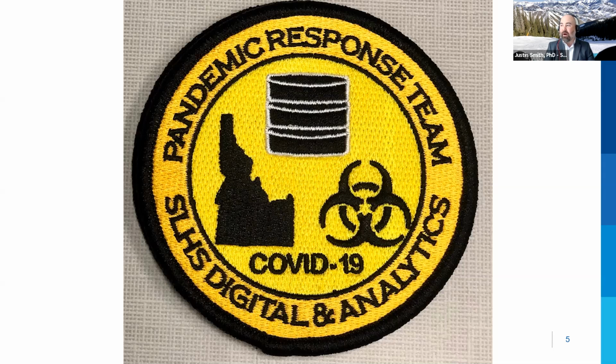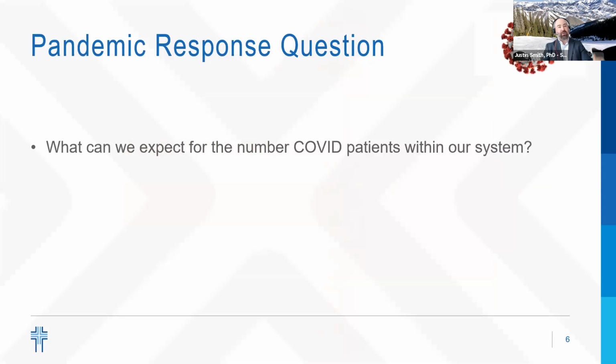And it was really powerful. We gave them out to everybody that was on the team. And then we had a few back that we kept. And so when we would meet with individuals from the state of Idaho or from other systems, however we were able to interact with those individuals, we would give them a patch. It was one of those really fun moments of we're in this together and we have to try and find and build solutions to meet this problem.